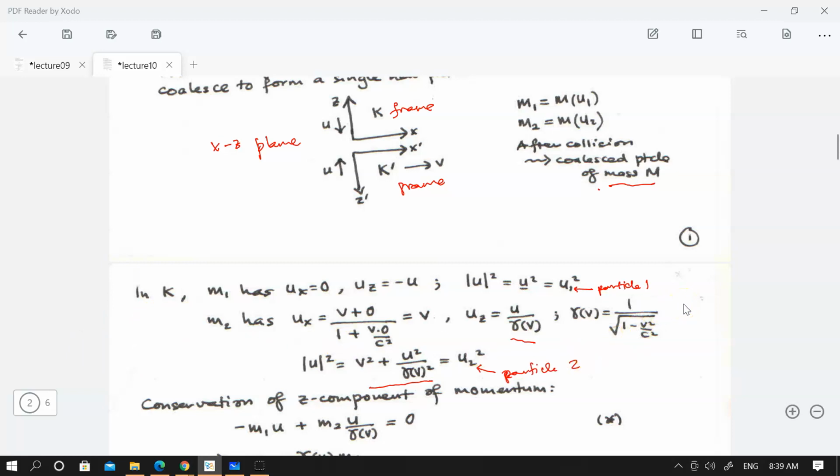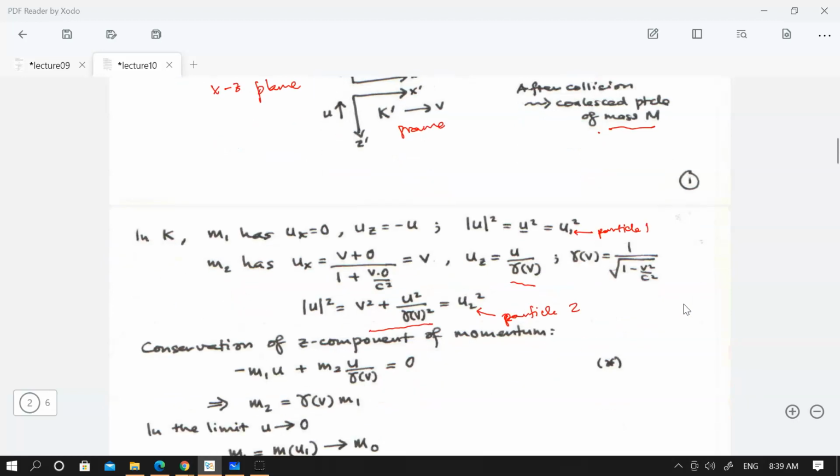Now what is the assumption if you have conservation of momenta? There will be a conservation of the z component of the momenta. For the first particle, the z momentum is just the mass times minus u. For the second particle, you get the mass times uz, which equals u on gamma v.